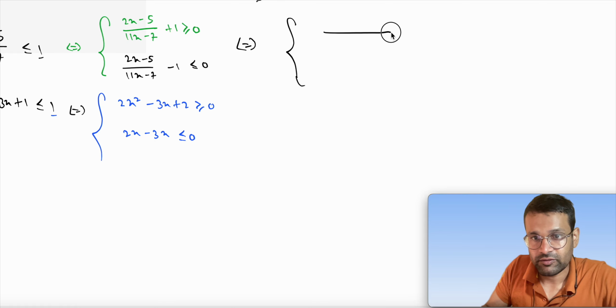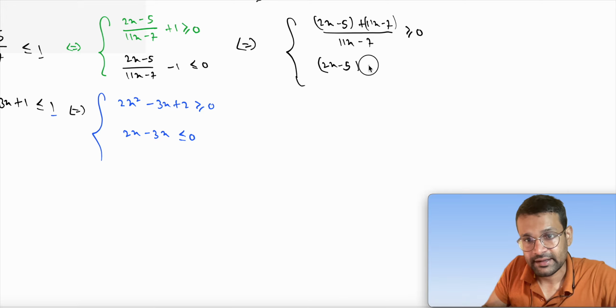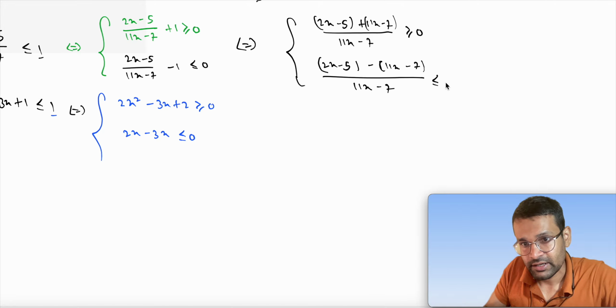Is a simple calculation. 2x minus 5 over 11x minus 7 greater than or equal to 0, and (2x minus 5 minus 11x minus 7) by 11x minus 7 less than or equal to 0.